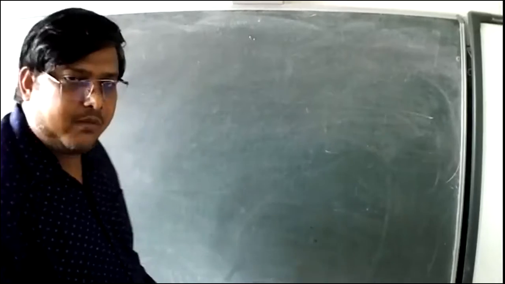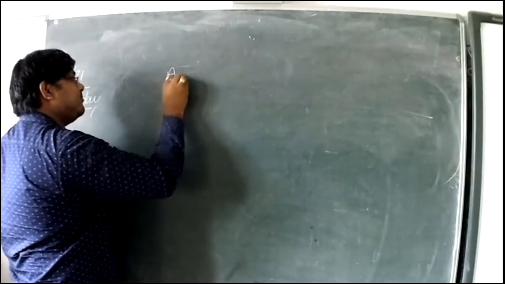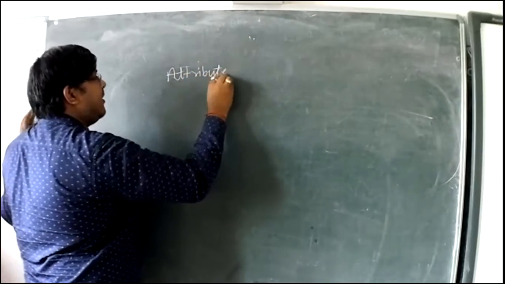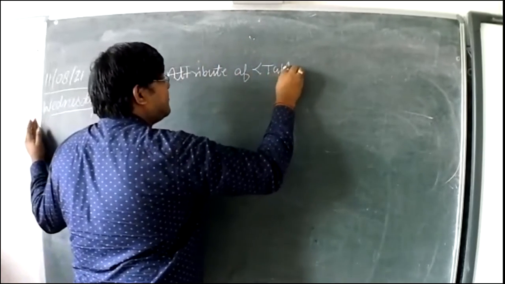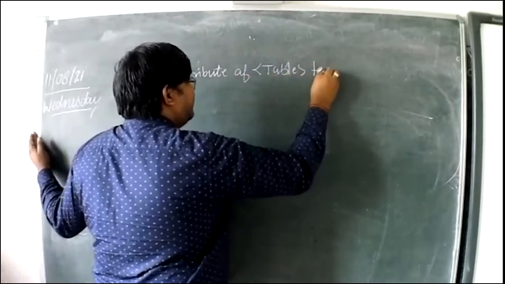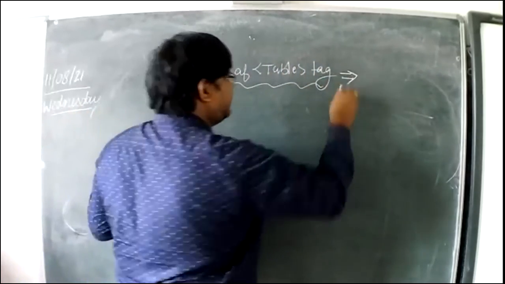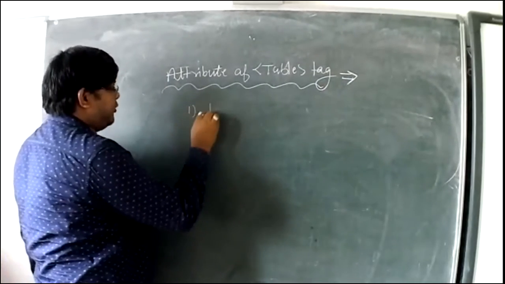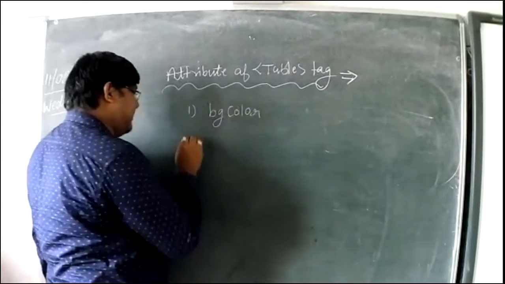Now, please start writing. Attributes of the table tag. In that, we have the first attribute, BG color.